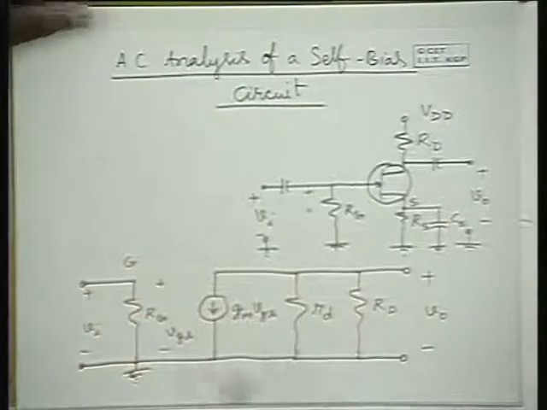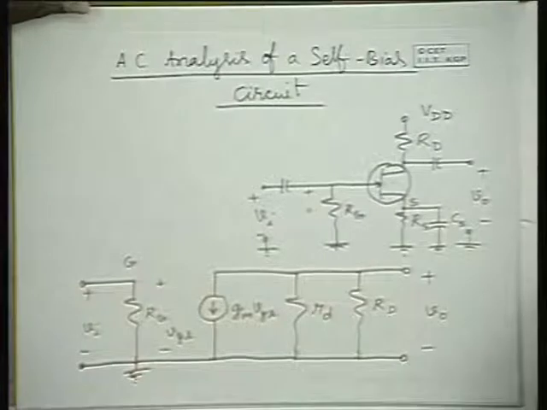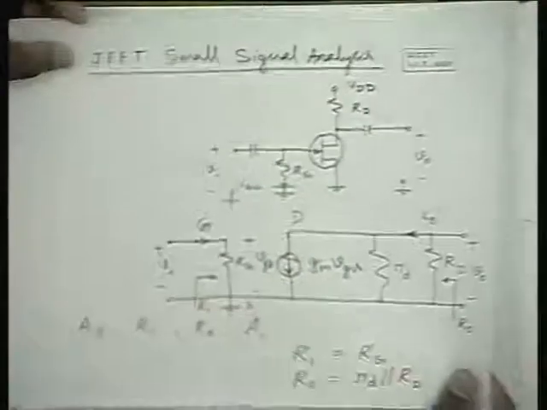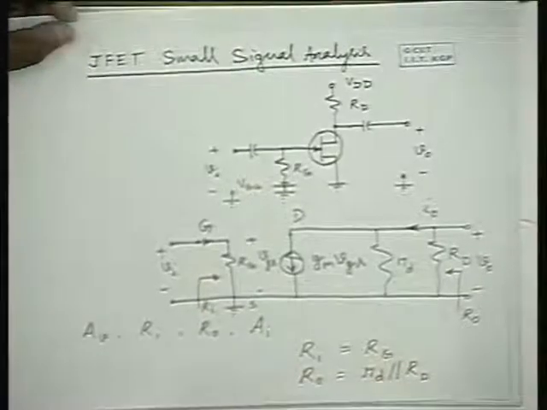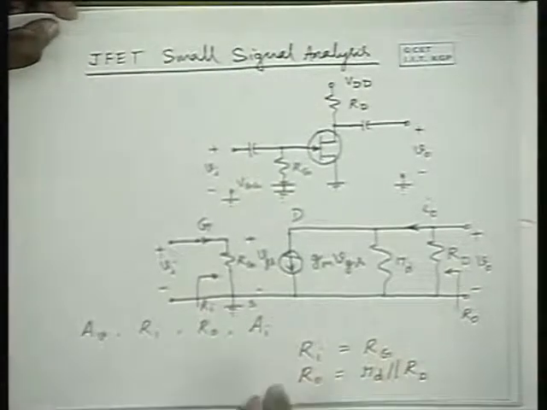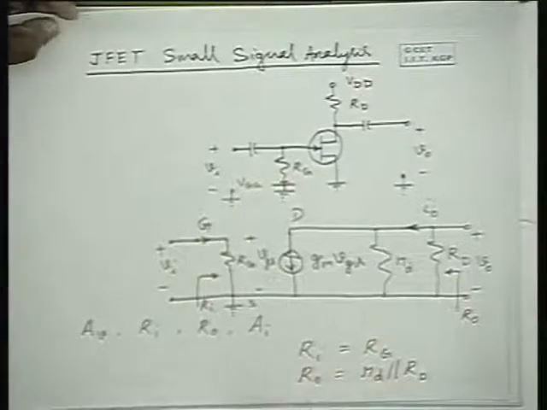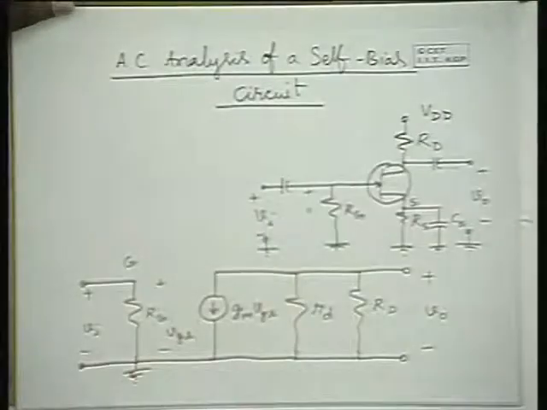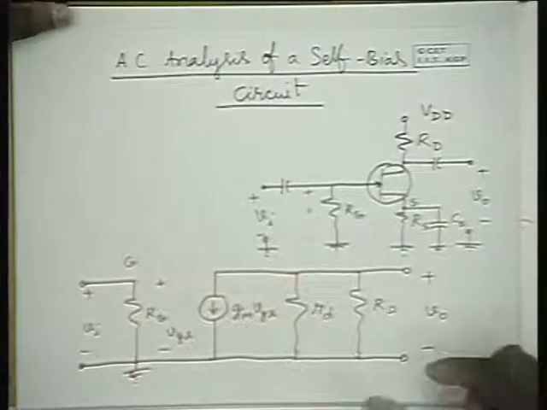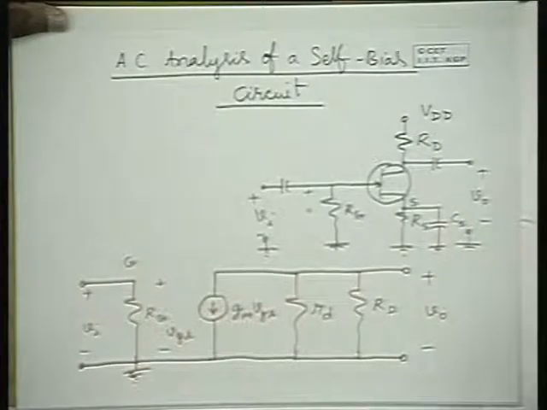So please note that this circuit is equivalent to the fixed bias equivalent circuit which we have analyzed previously, because the source resistance is bypassed. Hence, the analysis we carried out for a fixed bias JFET circuit holds good for this circuit also.